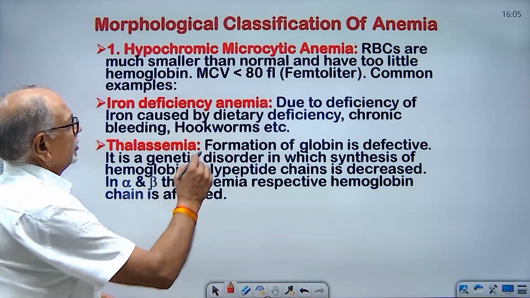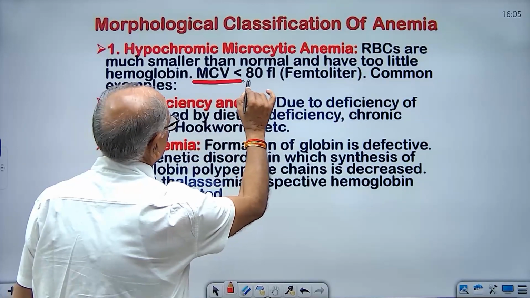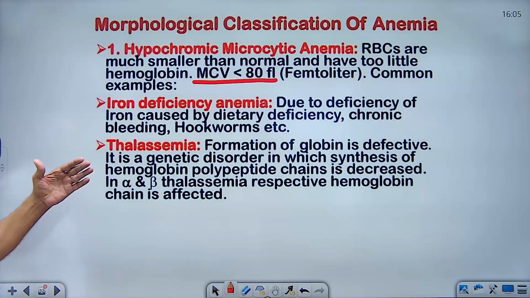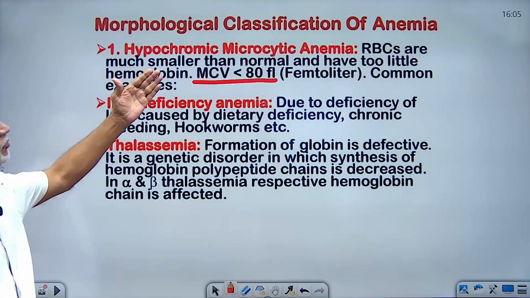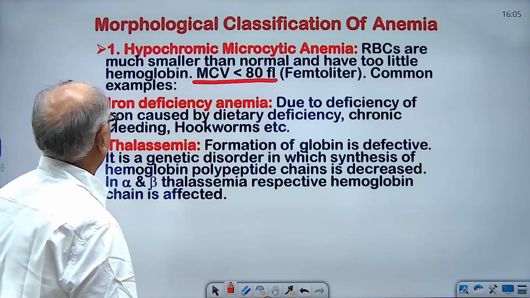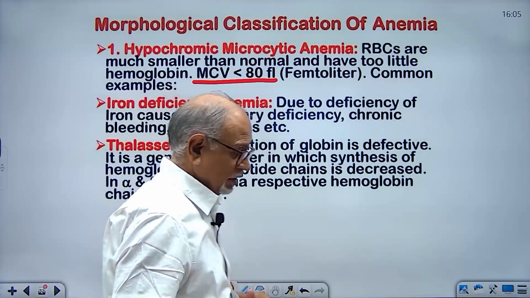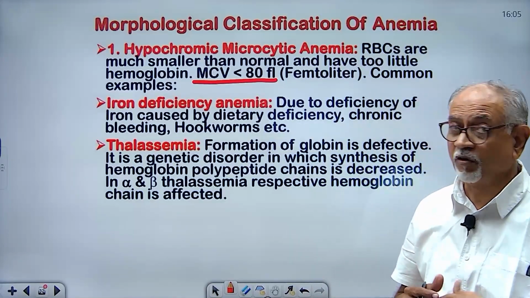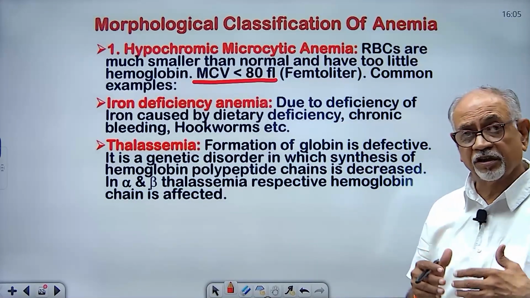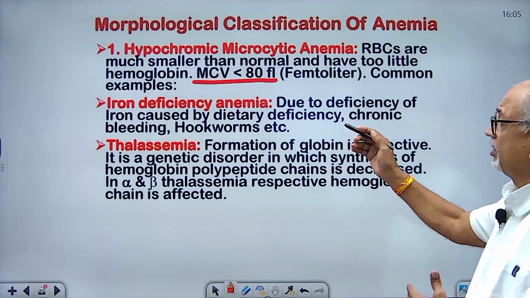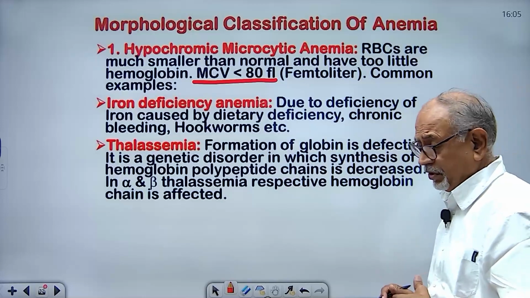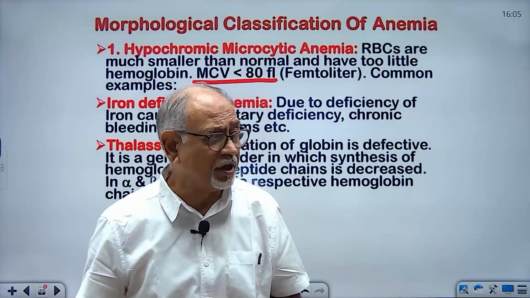So, if the size of the RBC is less than 80 FL, that is femtoliter, then it is called hypochromic microcytic anemia. Then as you know, hemoglobin contains 4 heme groups. For that synthesis, iron is needed. So, if there is an iron deficiency, anemia is caused. It is called iron deficiency anemia.